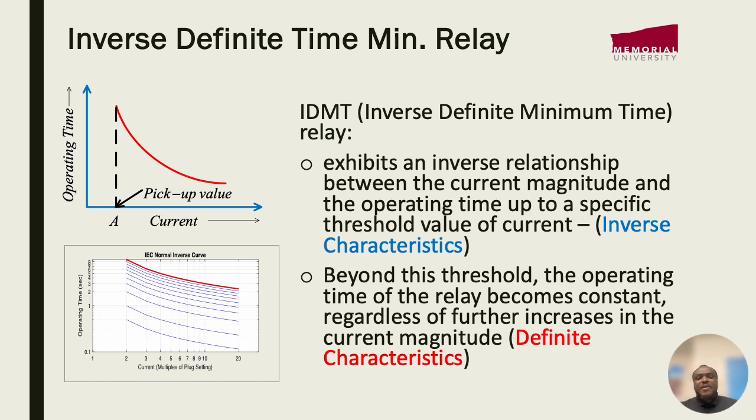The first is the inverse characteristic. Whenever the quantity in question, let's say current, increases, let's take this graph. When the current is small, you realize that we have a higher response time, meaning that the relay would take a longer time to react.